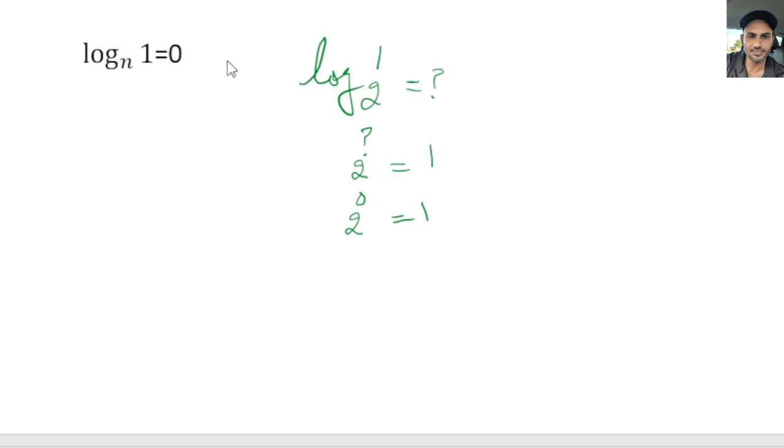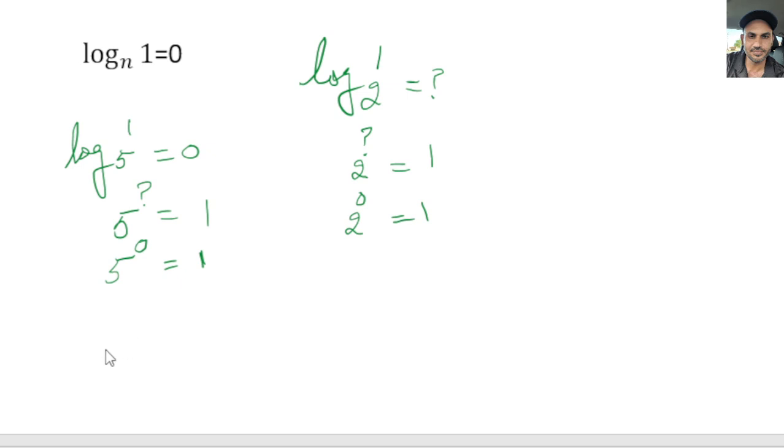All right, so this is what this tells you, that log of 1 with respect to any base is going to be equal to 0. So let's say log of 1 with respect to base 5 is also equal to 0, because 5 raised to what power is equal to 1? That is the 0 exponent property. 5 raised to the 0th power is equal to 1.